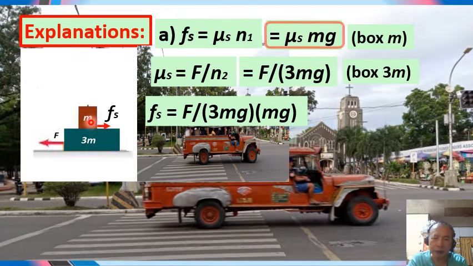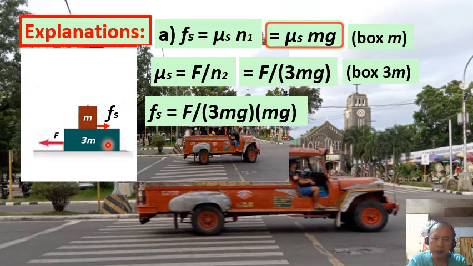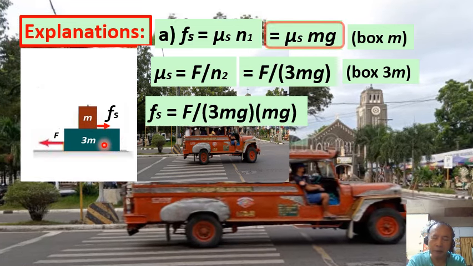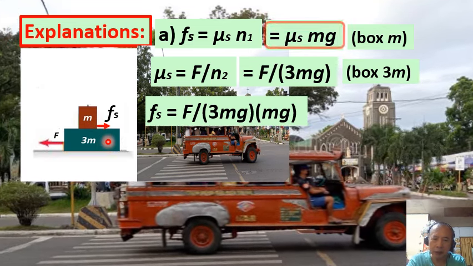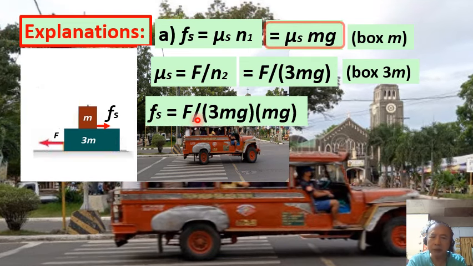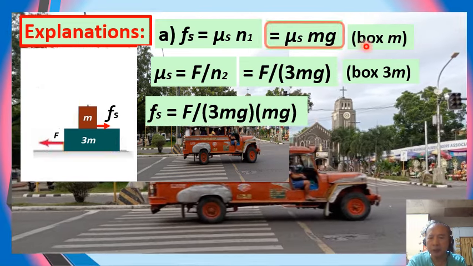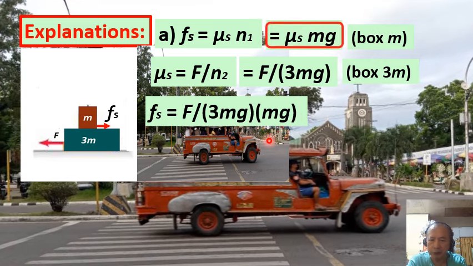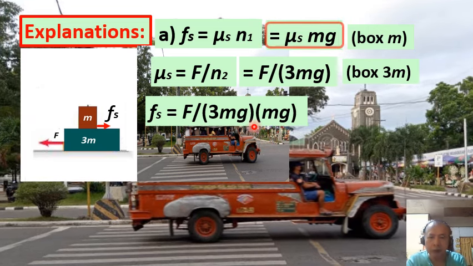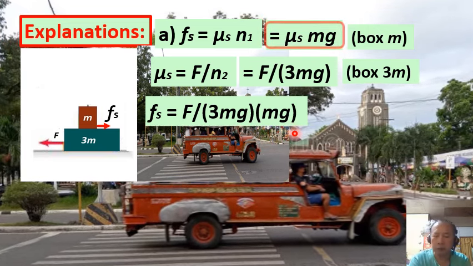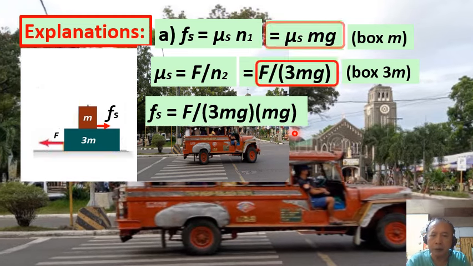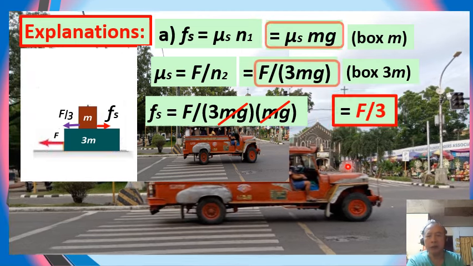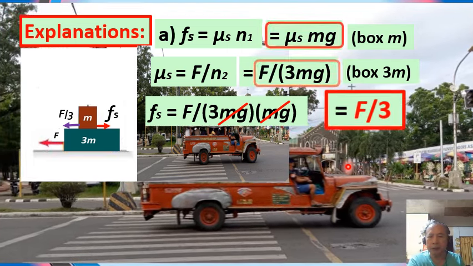The reaction to that force exerted by the smaller box on the larger mass is the one responsible for the static friction experienced by the smaller box. And here, we can cancel out mg so that we come up with our final answer for letter A, which is equal to F divided by 3.